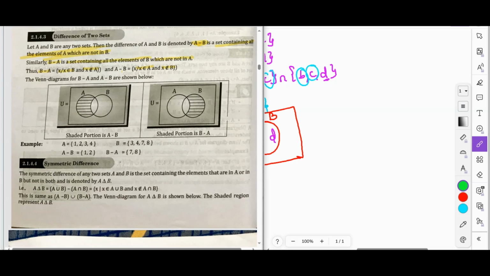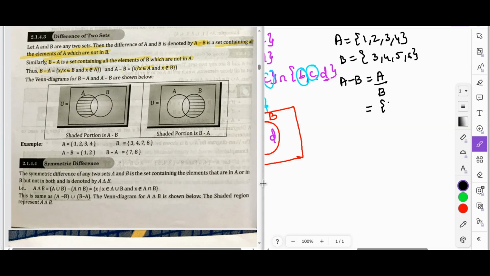And how do we find this? Here again, if you have A is 1, 2, 3, 4 and B is 3, 4, 5, 6, and I want to find A minus B, you can just write it as A by B. A minus B is nothing but A by B. Now write 1, 2, 3, 4 divided by 3, 4, 5, 6.